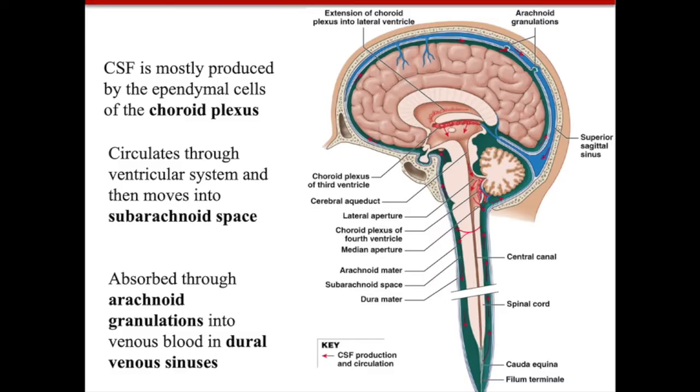The cerebral spinal fluid is produced by the ependymal cells. The ependymal cells are in the choroid plexus, which is marked here by these red structures inside each ventricle. So the cerebral spinal fluid circulates inside of the brain and spinal cord through the ventricular system and the central canal.